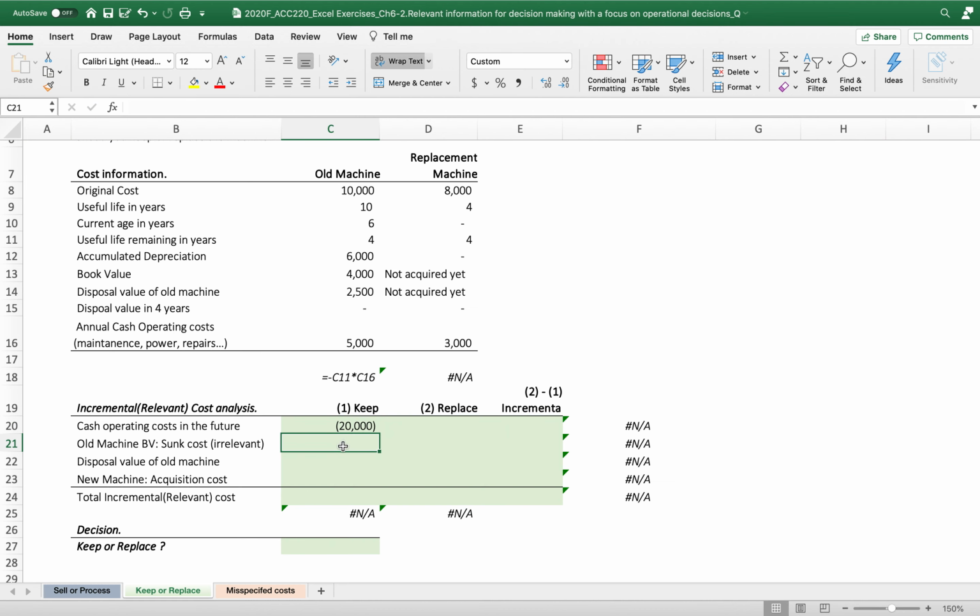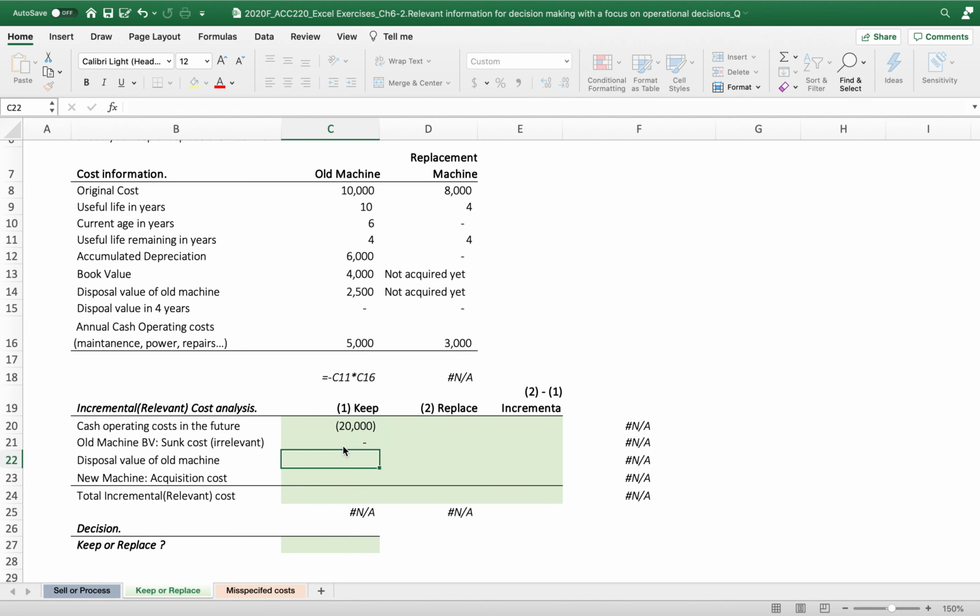And then what about the old machine? That is the sunk cost. It's forgone. We don't care because we only compare the future cost of the new machine and the old machine. And the disposal value of the old machine: do you put it here? Who gets the benefit when we dispose of this machine? Right, when we replace, we get the disposal value of the old machine. So I'm going to put the disposal value of the old machine in the replacement case, but not there.